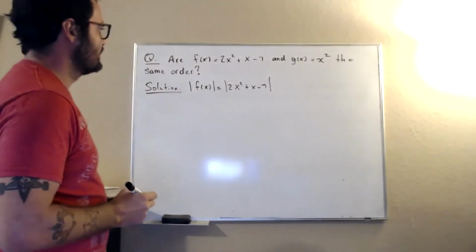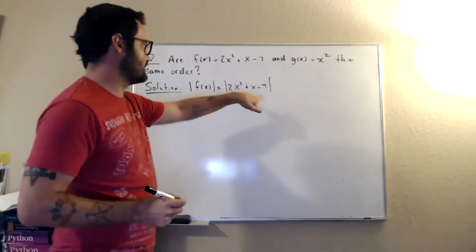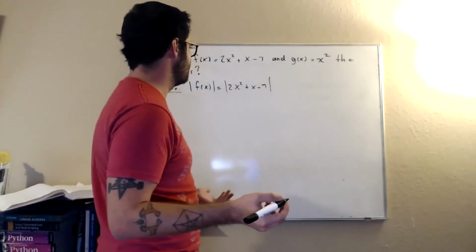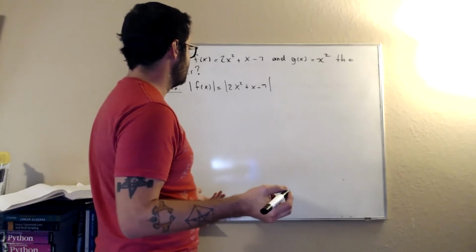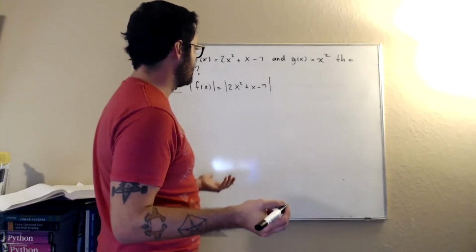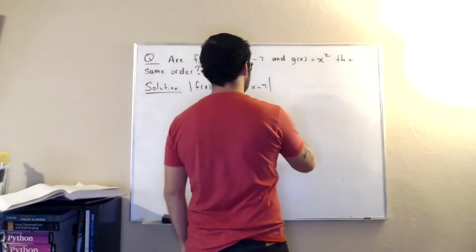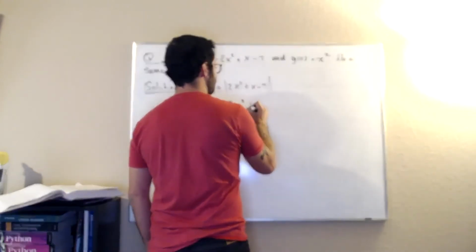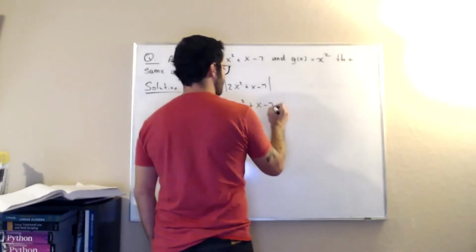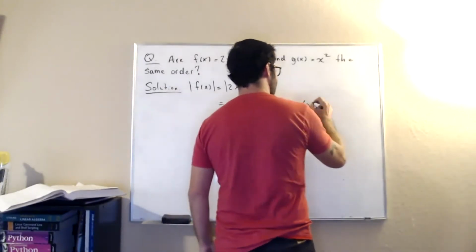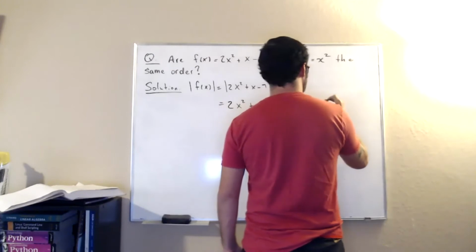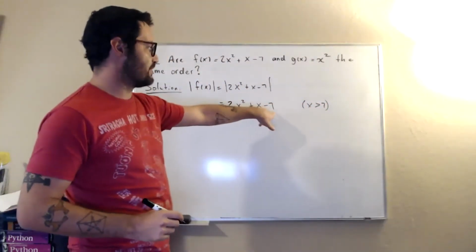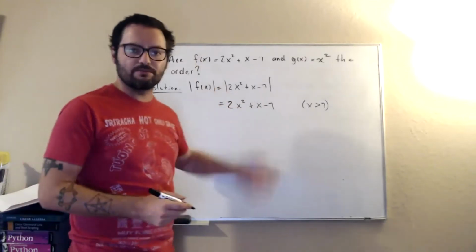In order to make sure that this is positive, we can make a rough estimate. We can drop the absolute values if x is greater than 7, because then you have a 7 minus a 7, that's going to be a positive number, so we just drop the absolute values.